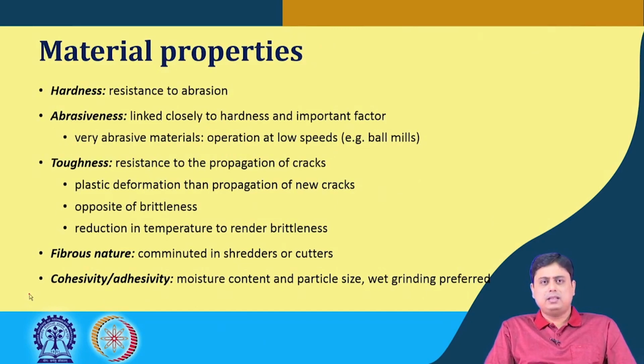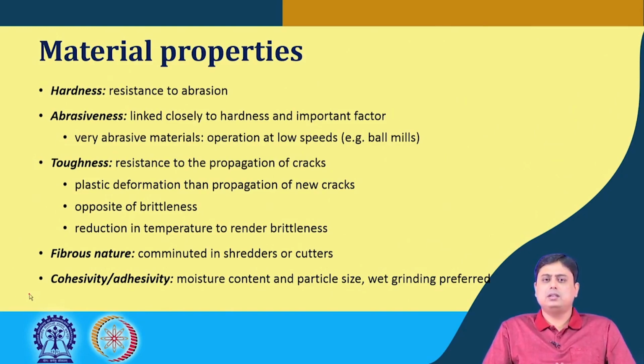Definitely one of the properties is hardness, which is the resistance to abrasion. Hard materials are logically difficult to break. Abrasiveness is closely related to hardness and is an important factor. Very abrasive materials can be handled with low speed operation, for example in ball mills, because their abrasiveness is very high.